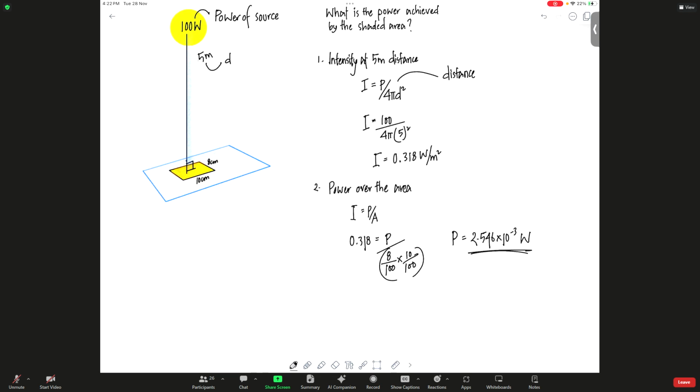Which power? Here. No, this is what we're finding. We're finding the power falling onto that area there. How much power does that area receive?